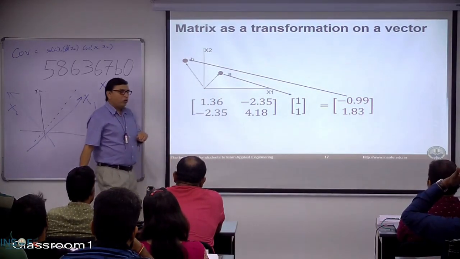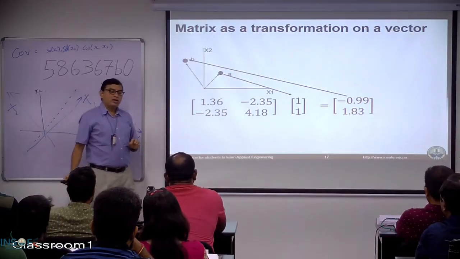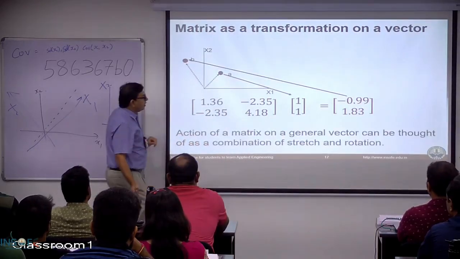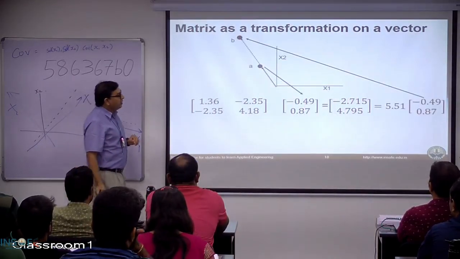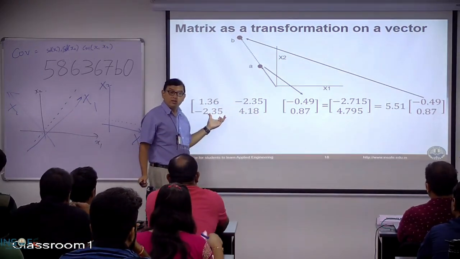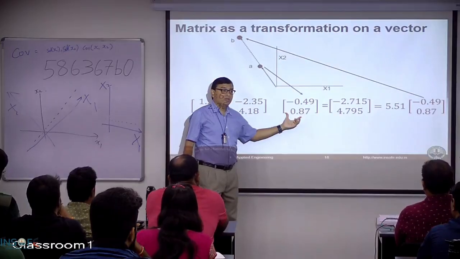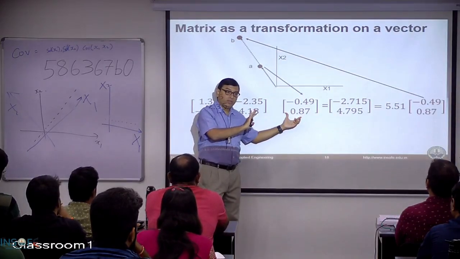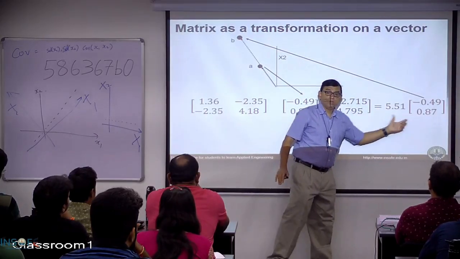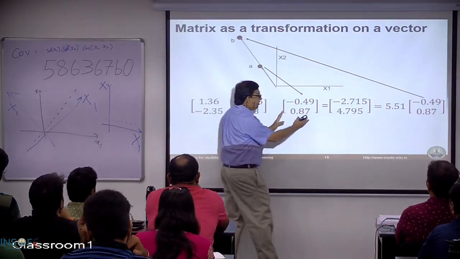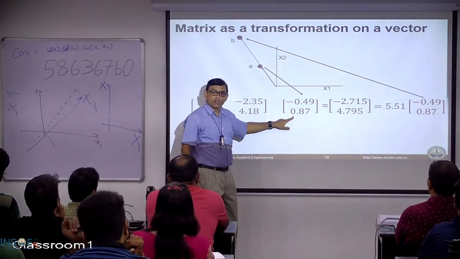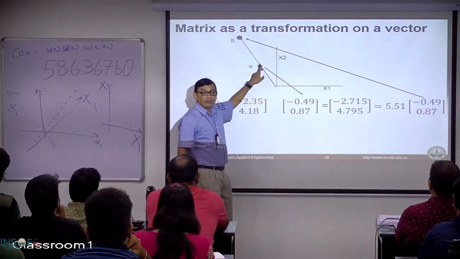Now, for every matrix there are, however, some very special directions. For this particular matrix, the same covariance matrix, there is a very special direction where its action is only a stretch action. This vector, negative in the first variable, positive in this one, is that vector.